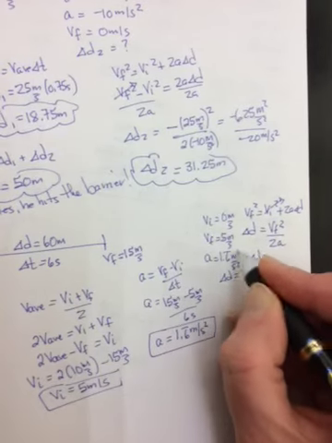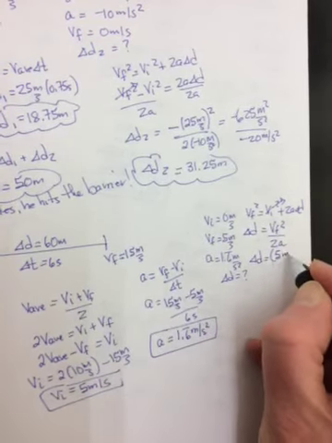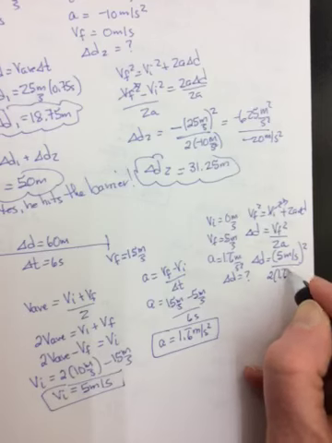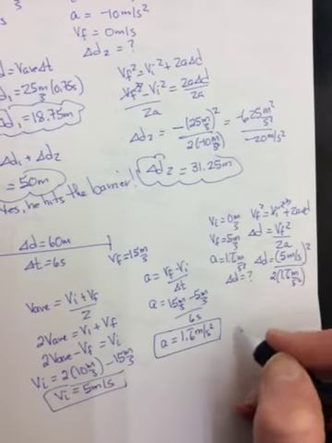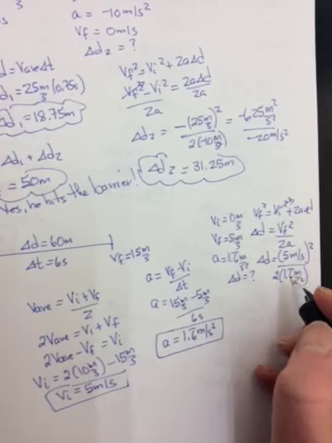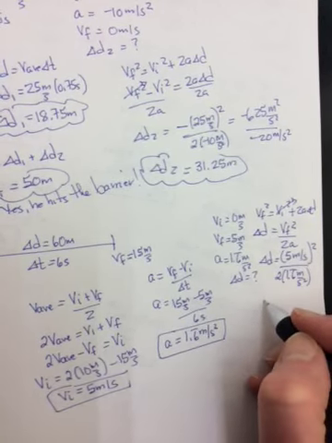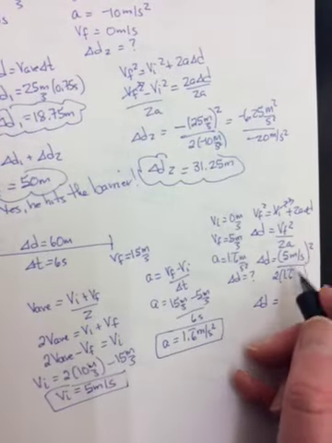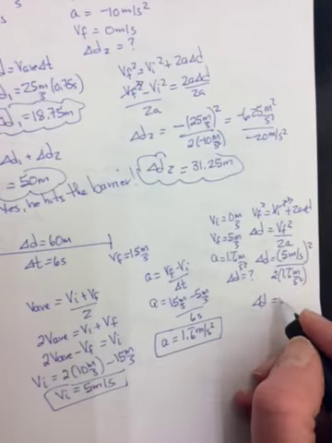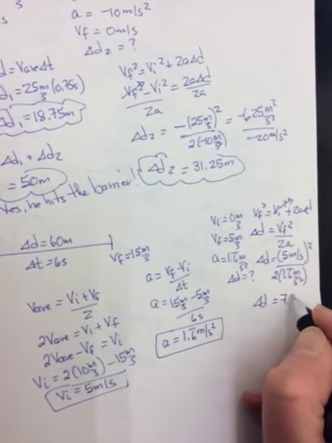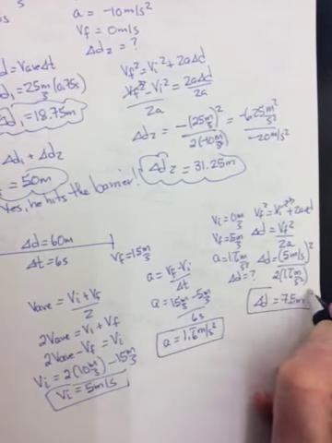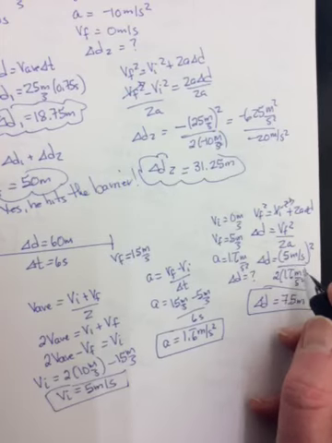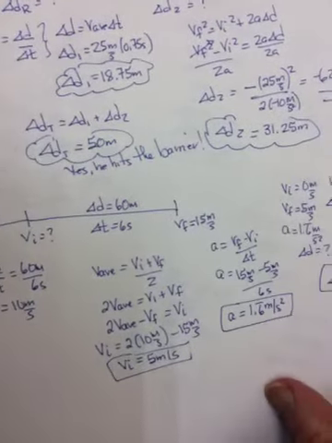So delta D equals VF, 5 meters per second, squared, divided by 2 times 1.6 repeating meters per second squared, which is like 25 over 3 divided by 10 over 3, 12 and a half, 5 over 3, yeah. 7.5 meters is what it should work out to be. All right, that's number 14.